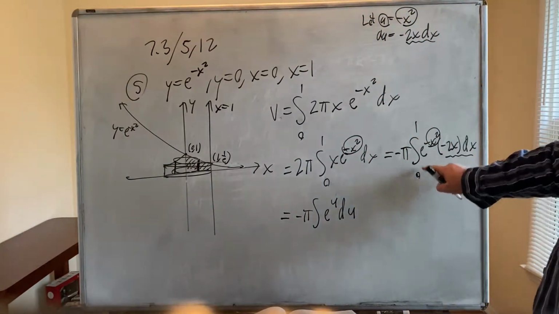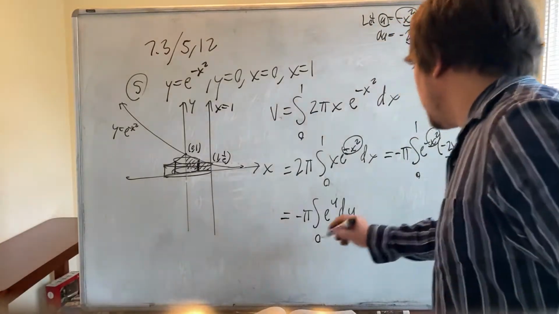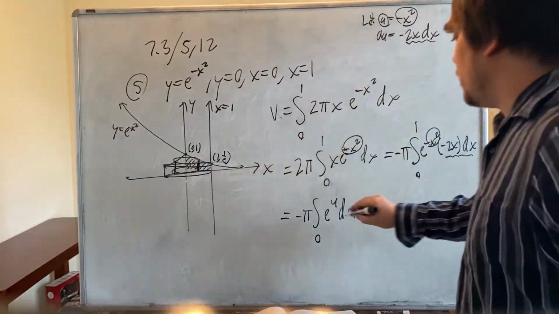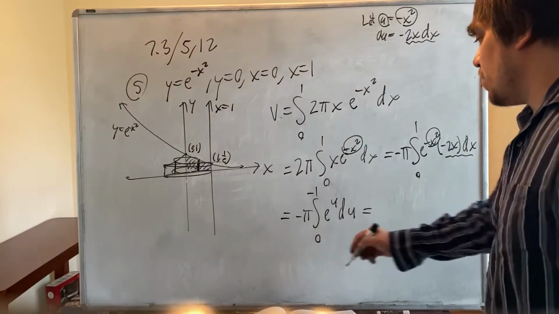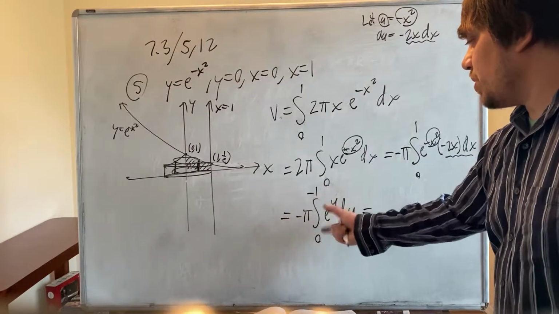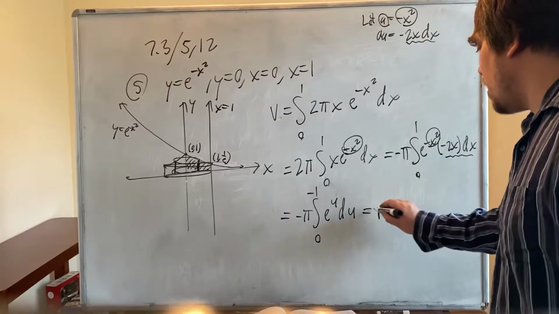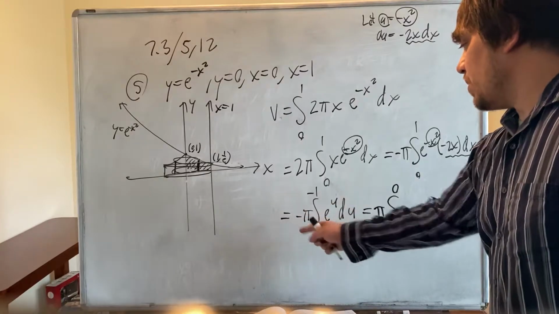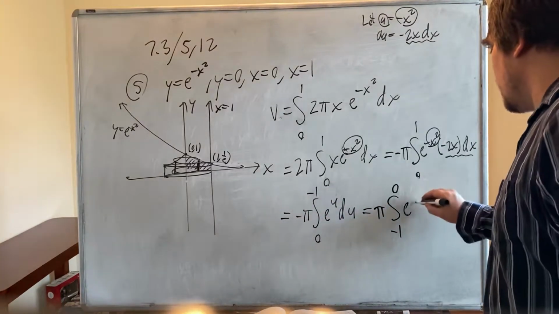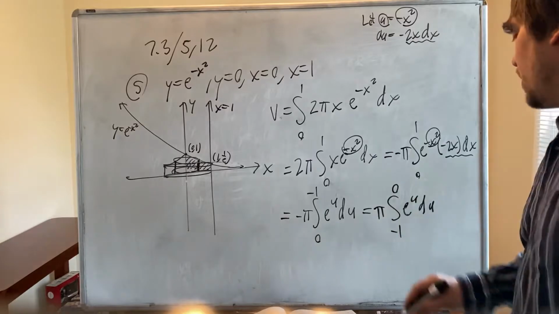And when x is 0, you get u is 0. And when x is 1, you get u is negative 1. Okay? Now, I'm going to switch the signs of the limits of integration and get rid of the negative sign. So this is pi times the integral from negative 1 to 0 of e to the u du.